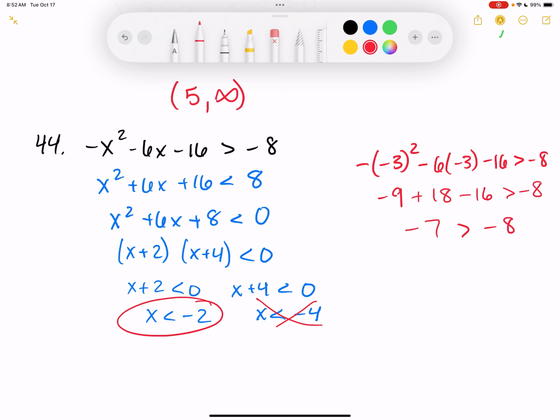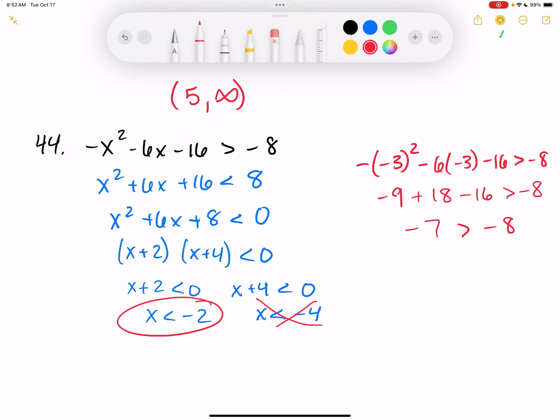Oh, wait a second. Hold on. Oh wait, -7 is greater than -8, which is true.